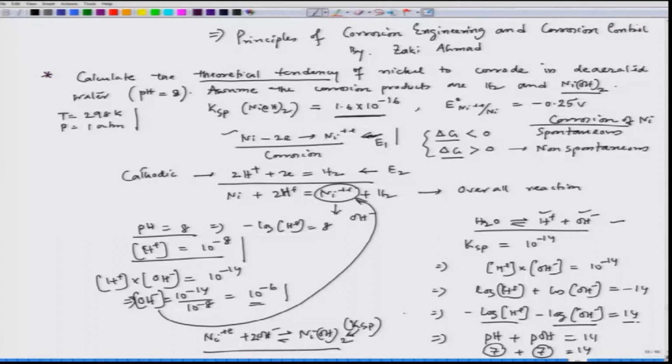We just wanted to see what is the concentration of nickel ion that could be present in the solution when we have this Ni(OH)2 product formation.